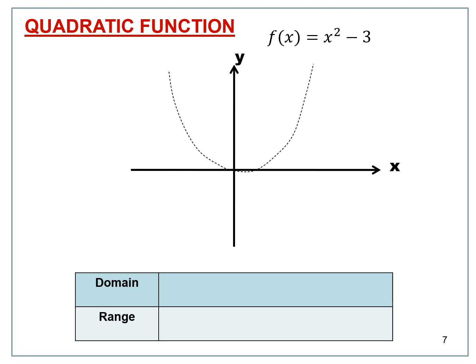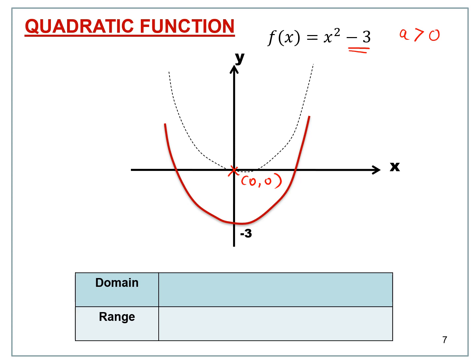This is the original graph, x squared, at (0, 0). Since a is greater than 0, this is a smiley graph. And then we have negative 3, meaning this graph is shifted 3 units below the x-axis, at negative 3.